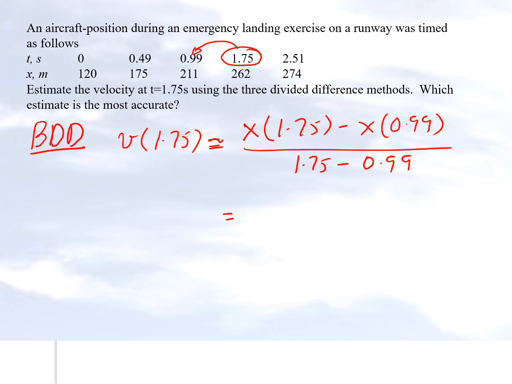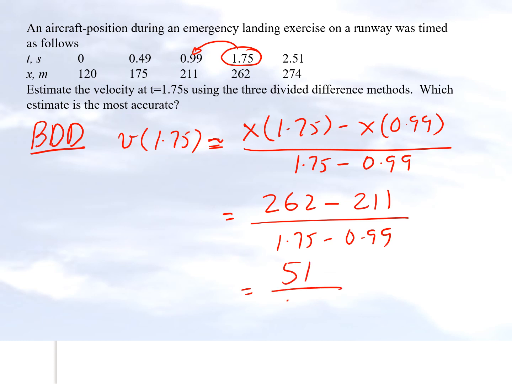The value of x at 1.75 is 262, and the value of x at 0.99 is 211. This number turns out to be 67.10 meters per second. So that is what we get with the backward divided difference method.